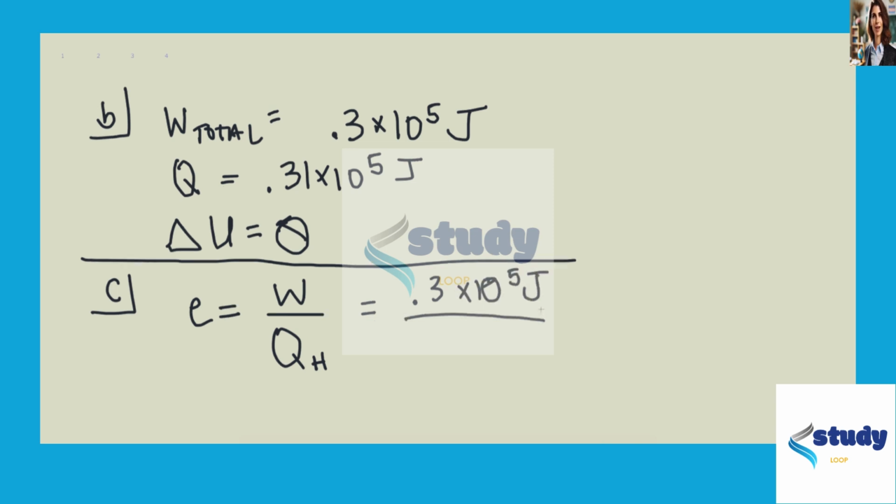And then for the Q hot, I only included the 2.25, which is from A to B. So the heat added from A to B, which is 2.25 times 10 to the 5. I'll write this out. Plus the heat added from C to A, which is 0.45 times 10 to the 5. Oh, and these are both joules. So I'll just stick a little J's here.